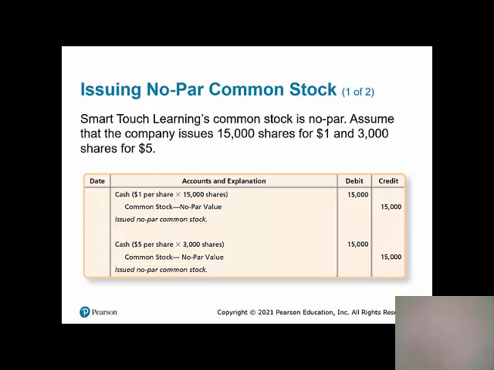So if there isn't a par value, we would debit cash again for the 15,000 and common stock for the whole 15,000. So again, when there is no par value, the entire amount of the proceeds would be credited to common stock.